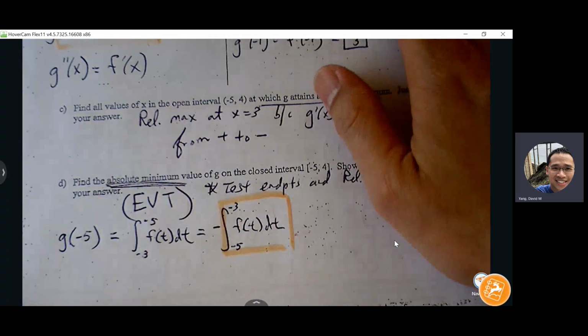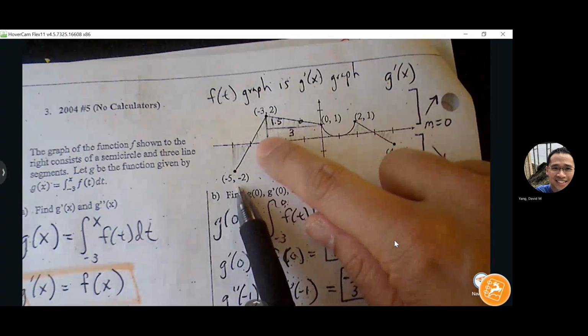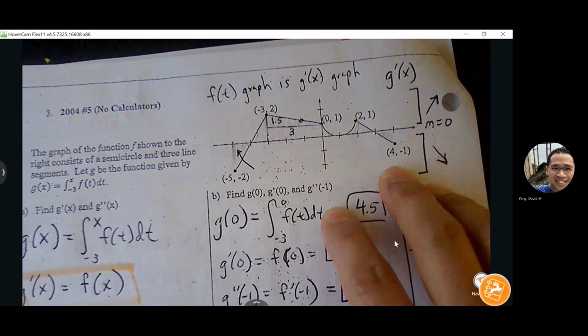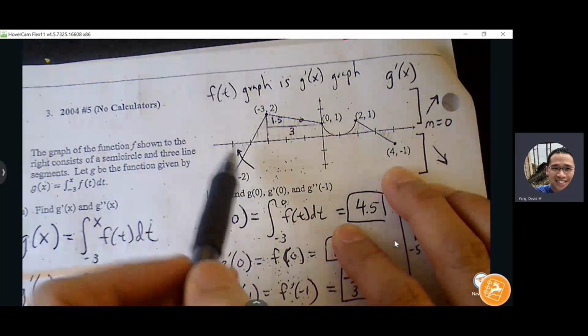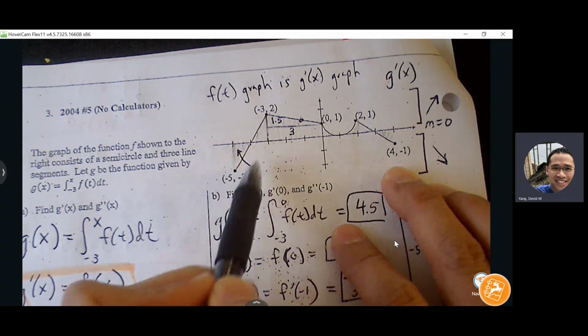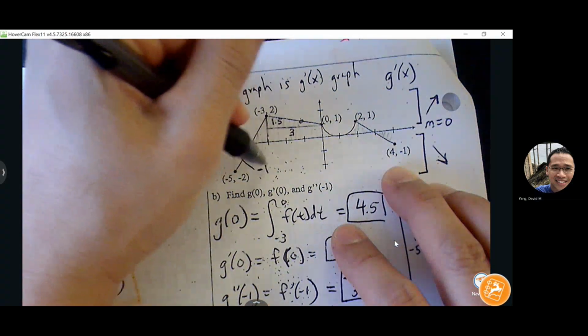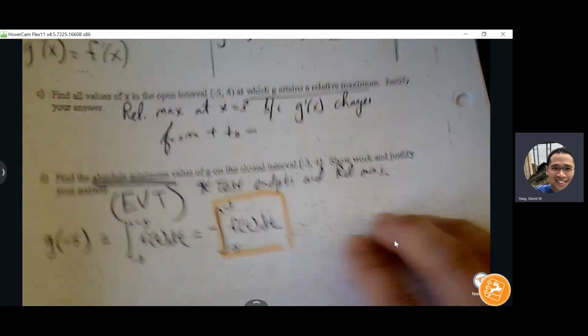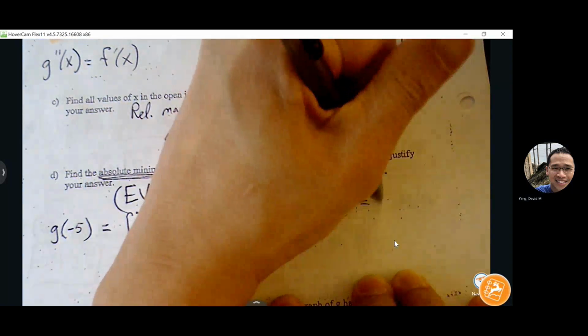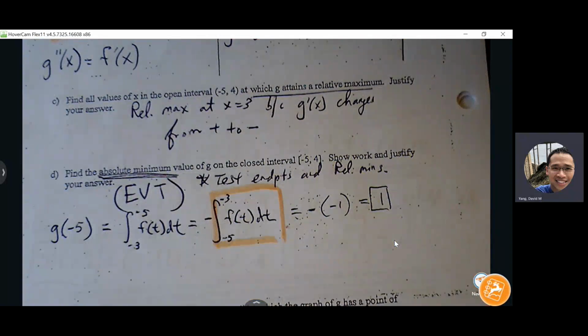We just have to remember to account for that negative when we get back to our problem. So between -5 and -3, let's go here. -5 and -3 is below the x-axis, 1/2 base times height. 1/2 times 1 times 2 is 1. So the area is 1, but it's below the x-axis, so we'll have to assign it a -1. So I'm going to put -1 in place of this, but there's already a negative in front. So we keep track of our negatives, and we know that g of -5 is 1.